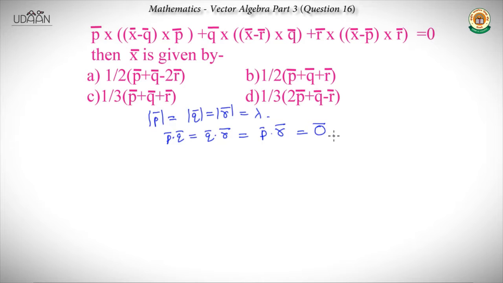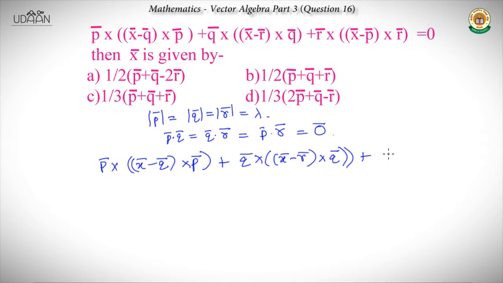So the given equation is P bar cross (X bar minus Q bar), plus Q bar cross (X bar minus R bar), plus R bar cross (X bar minus P bar), which is a cyclic expression actually, and this is equal to 0.